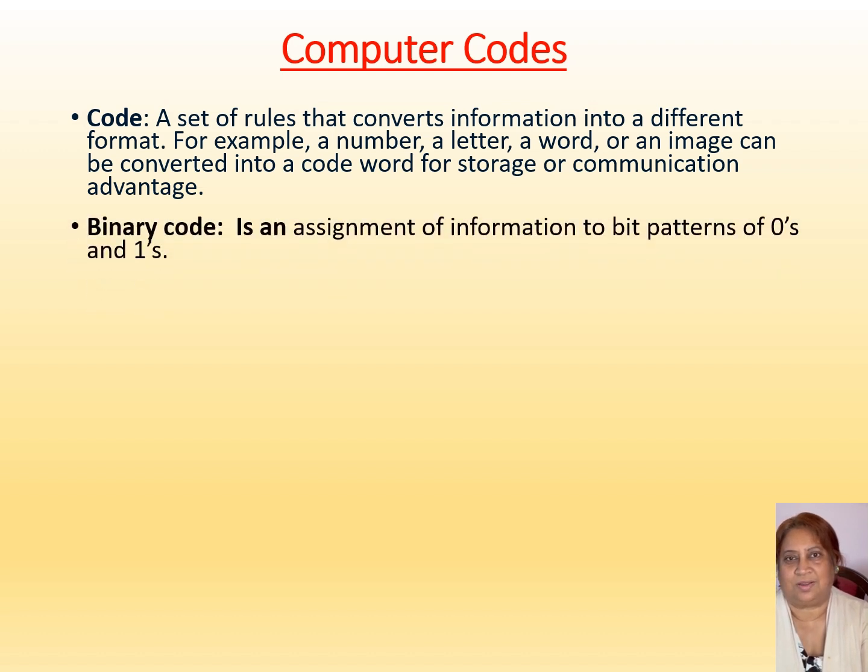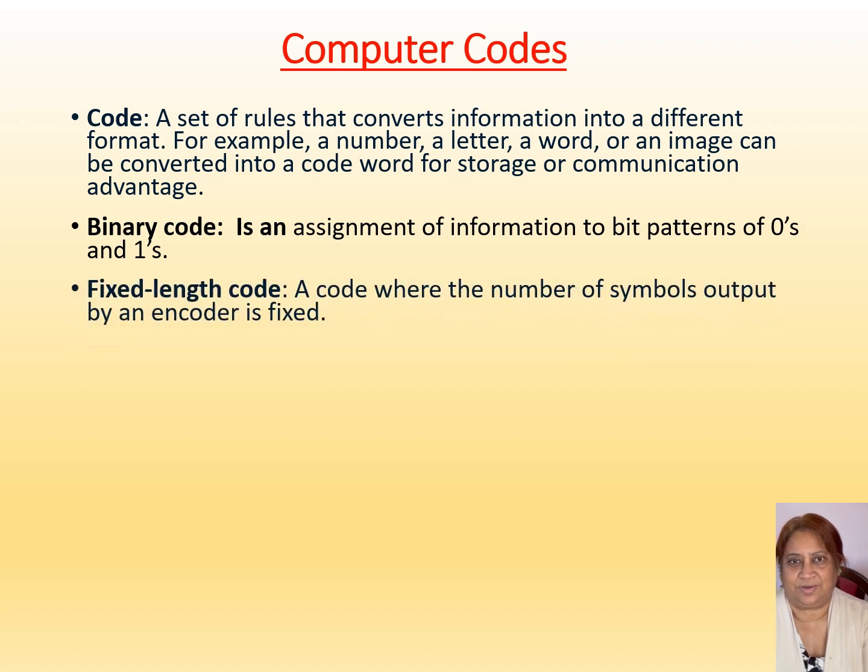Now, binary code. In the binary code, the code word will have a string of zeros and ones, and that is called binary code. And there are few codes which are fixed length, where the code word will be of same length. Suppose you are converting alphabets, English language alphabet A, B, C, D. So A will also get the same length code, B will also get the same length code.